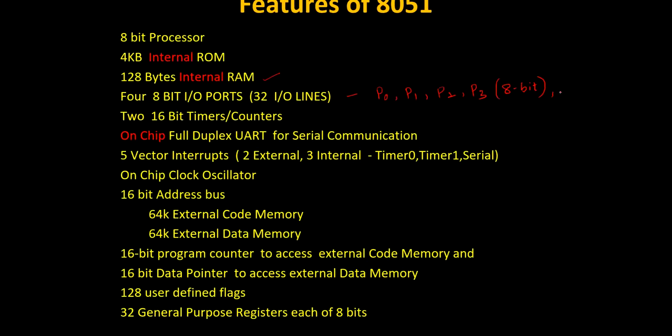So we refer to them as P0.0, P0.1, and so on until P0.7. Each port has 8 bits. One more piece of information: these are bit addressable. So 4 into 8, we have 32 IO lines.